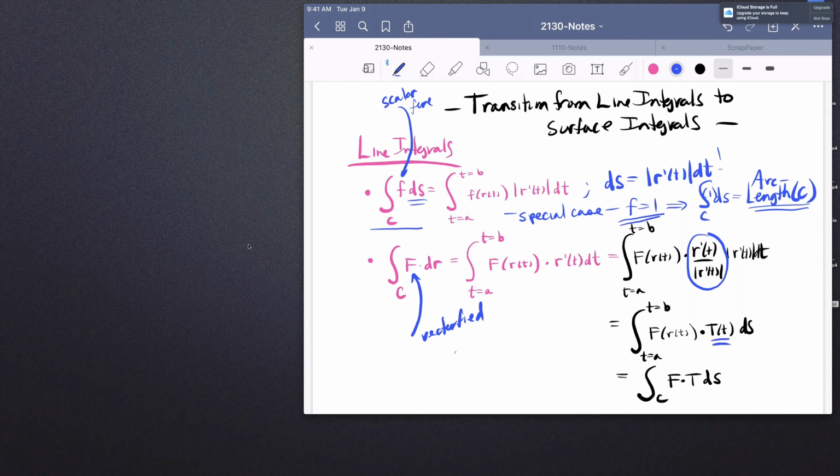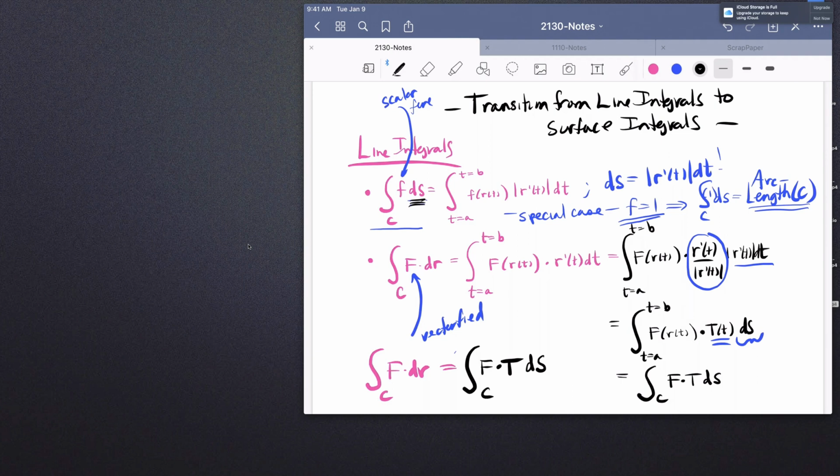And here we can see the magnitude of r prime dt occurring, which is ds, the arc length, the length element. So if we're looking at a pattern, a line integral of a vector field can be rewritten in terms of the ds notation from the line integral of a scalar function if we take the vector field, dot product it with the unit tangent vector, and then integrate with respect to the arc length element ds.